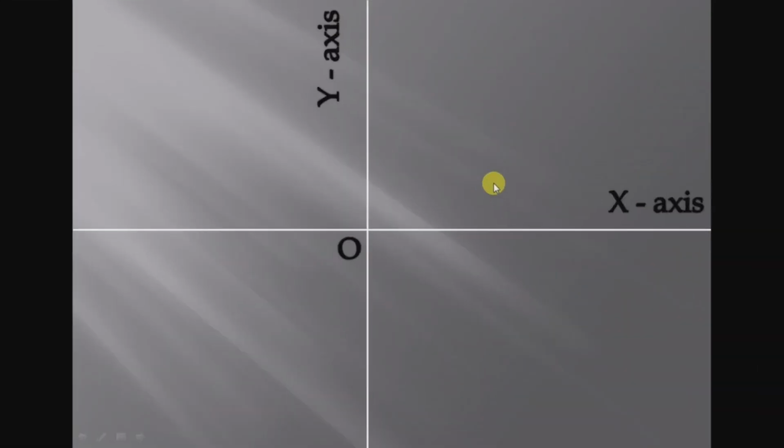So let us again consider a coordinate system. Let's assume that there is a point on the x-axis. If there is any point which is on the x-axis, it means the coordinate of the point on the x-axis is always given by (x, 0), and the point on the y-axis, its coordinate is given by (0, y).